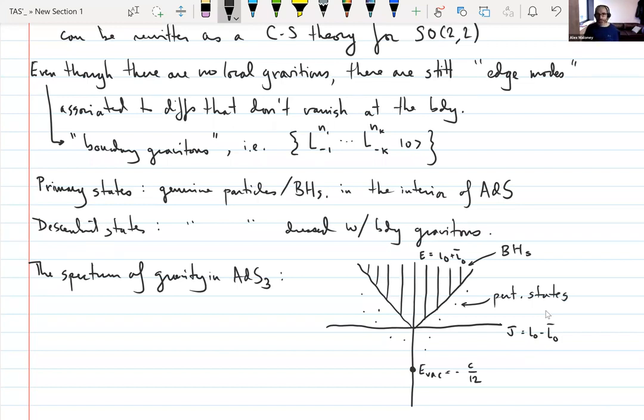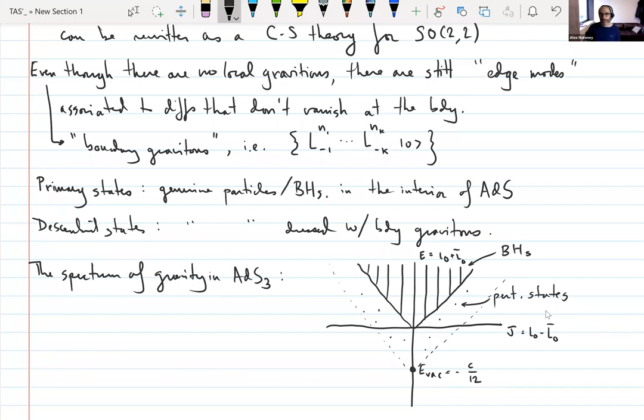And these perturbative states will include boundary gravitons, but could also include other stuff, if you have other fields in addition to just the metric. And there is a unitarity bound, which says that all of the states in the theory have to live above those dotted lines that I have drawn here. And this is the general picture for what the spectrum of gravity in AdS looks like.